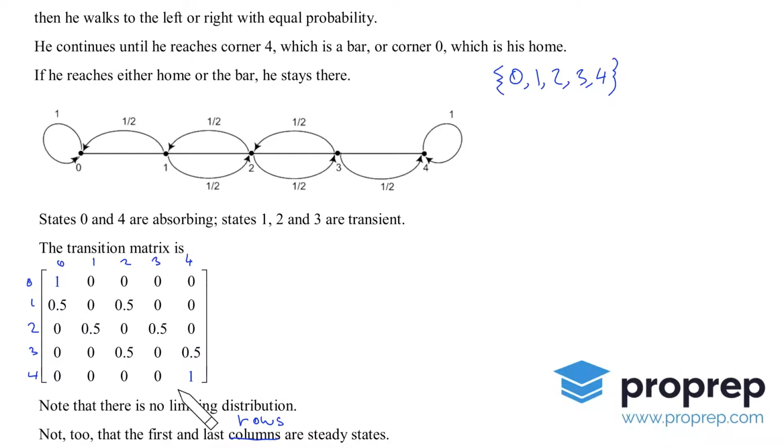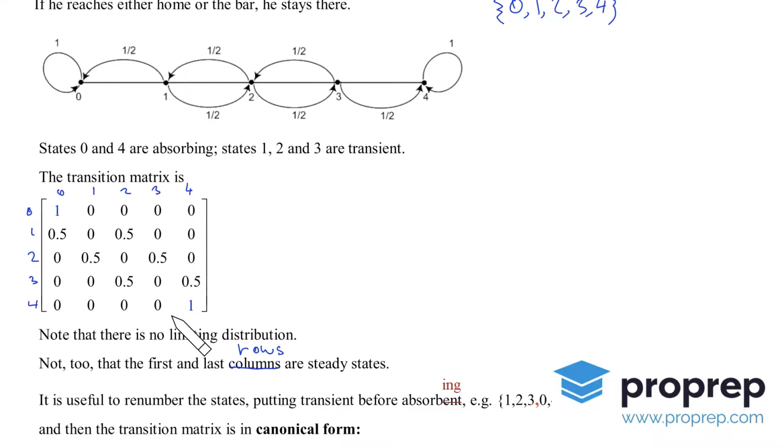Now, to make the math easier, it's customary to put the transient states before the absorbing states. So we reorder and we get that the state space is 1, 2, 3, and then, I've emphasized the comma here, then 0, 4.